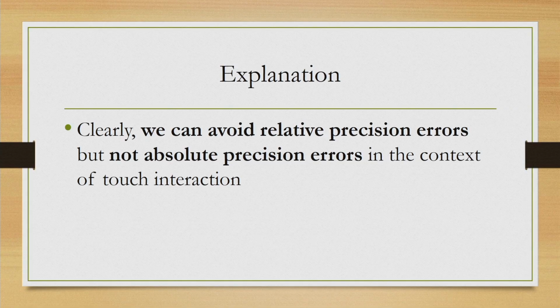So, if you have understood the concepts, it might be clear that if we are not asked to balance the trade-off between speed and accuracy on a device where the target size is relatively larger than the size of the pointer or the finger that is used to acquire it, then we may completely avoid relative precision errors.